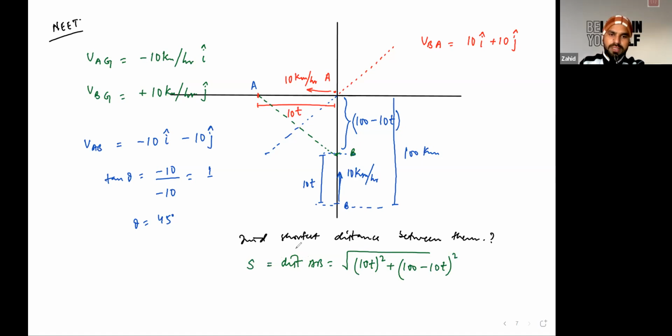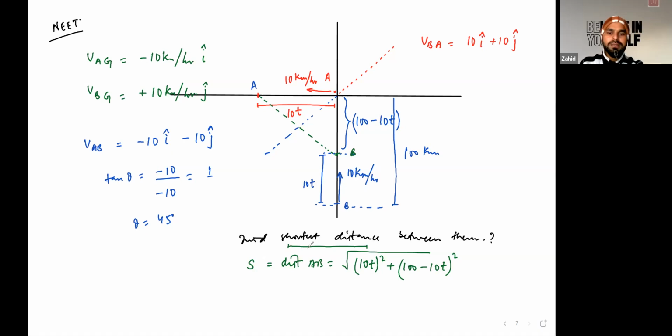And if you have to calculate the shortest path, whenever you have to calculate the minimum or maximum of a particular function, there is the concept of differentiation. For any function to be maximum or minimum, differentiate it and put it to 0.